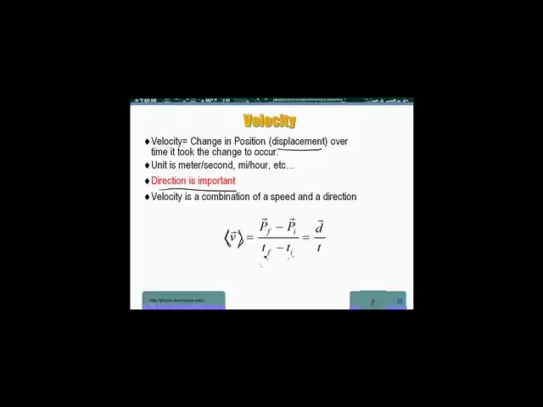PF is the position at TF. Now PF minus PI is what we call the displacement. TF minus TI is the time for that displacement. Okay? So that's our equation. Average velocity for a time interval t is going to be the displacement during that time over the time t. And remember, displacement is a change in position.